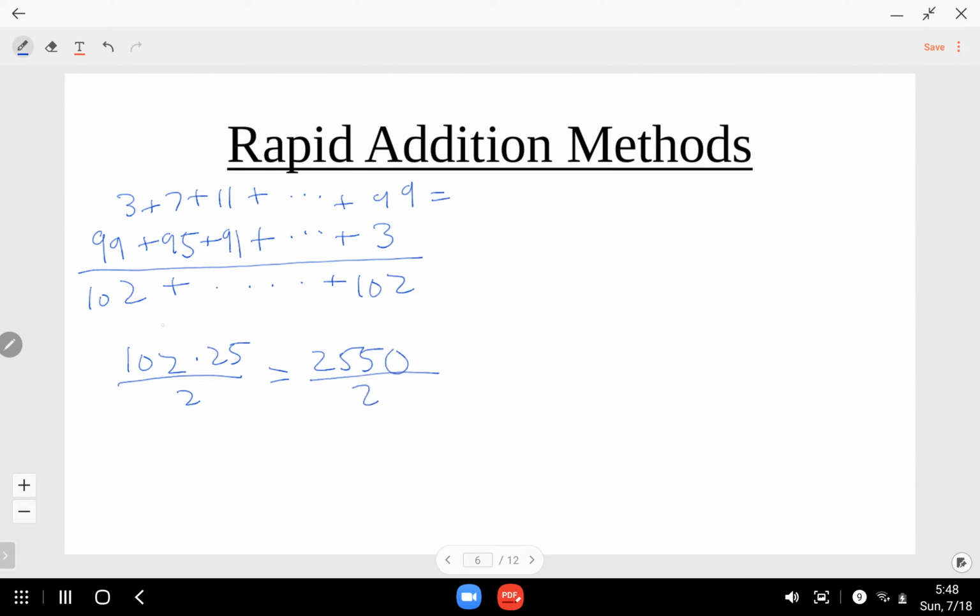Because you see here 100 times 25, that's easy, right? Because 4 25s make 100, so we get 2,500, and then add that 50, then divide by 2. That equals 1,275. Hopefully my math is correct.